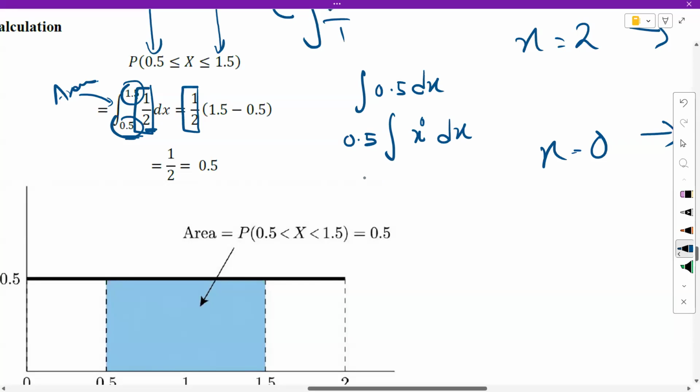If we get the primitive, it is 0.5 times x to the 1 over 1.